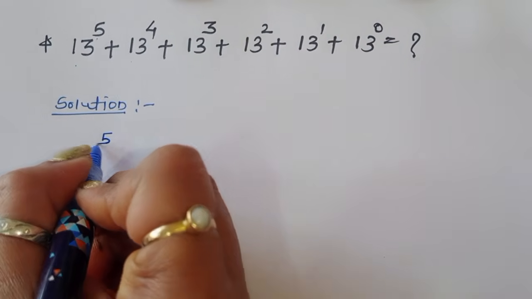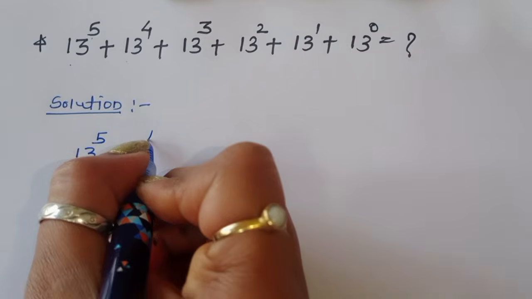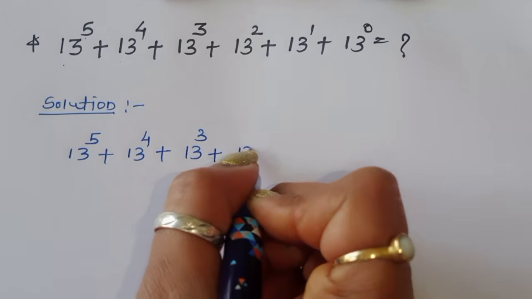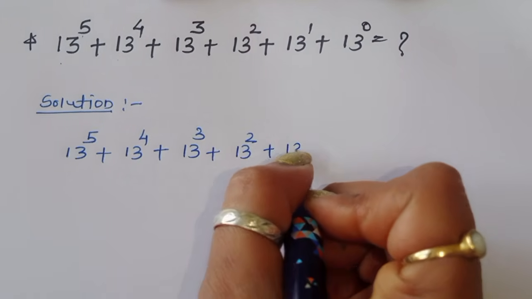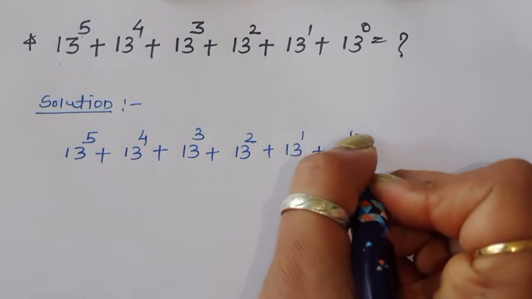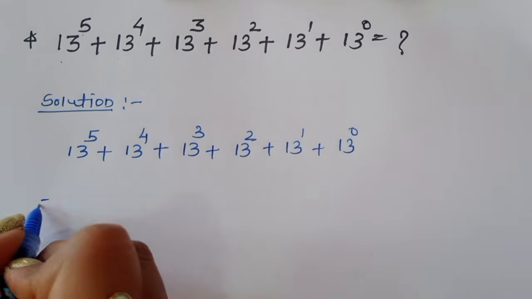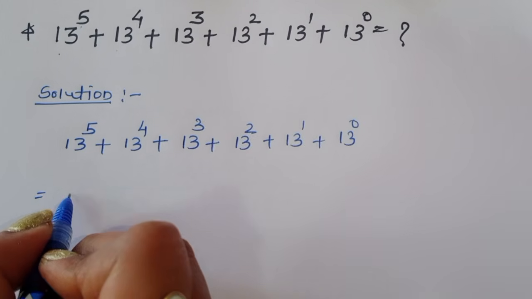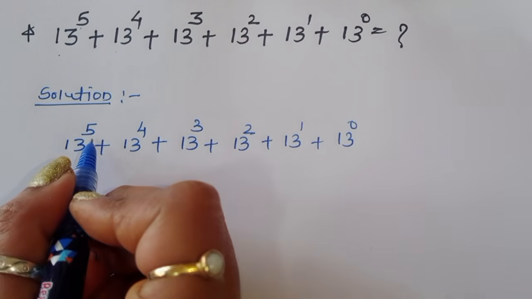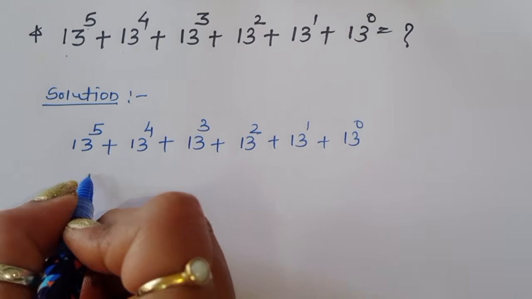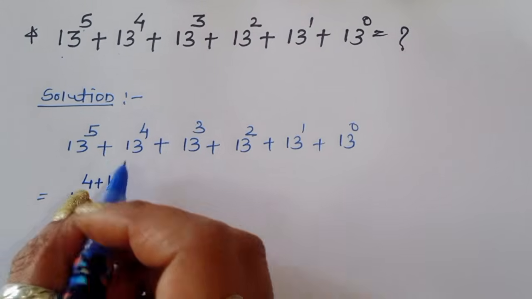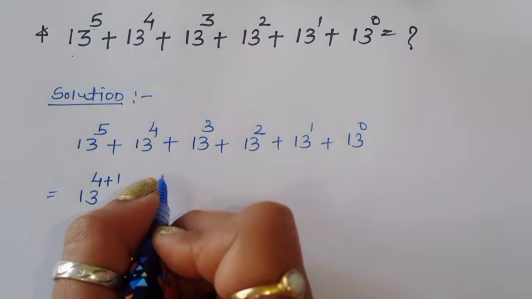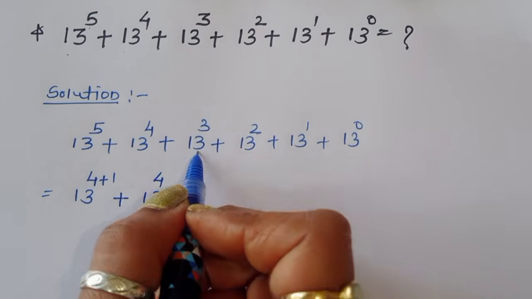13^5 + 13^4 + 13^3 + 13^2 + 13^1 + 13^0 is equal to. Now we can make some changes in the powers. 13^5, this power 5 we can write as 4 plus 1, plus 13^4 plus 13^3.